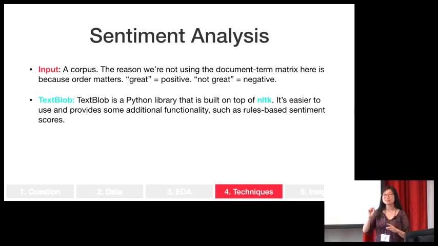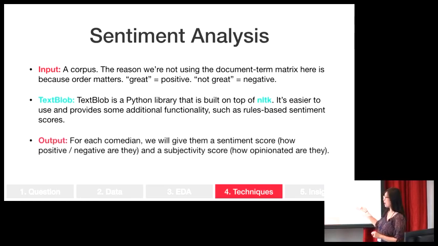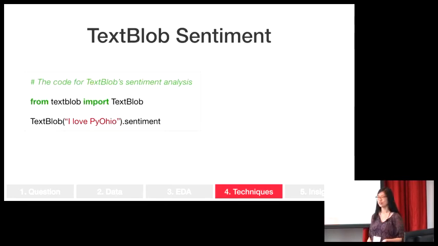It does all those things, but in a very, very basic way, so keep that in mind. For the output, for every comedian, we're going to look at their entire transcript and give that transcript an overall sentiment score and an overall subjectivity score. The sentiment score is how positive or negative they are, and the subjectivity score is how opinionated they are.